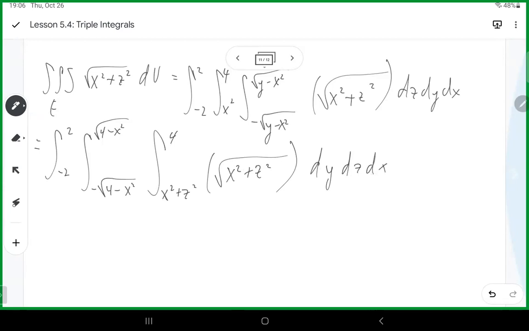Right? Here, the order of the integration changes from first being with respect to z, then y, then x, to being with respect to y, then z, then x.